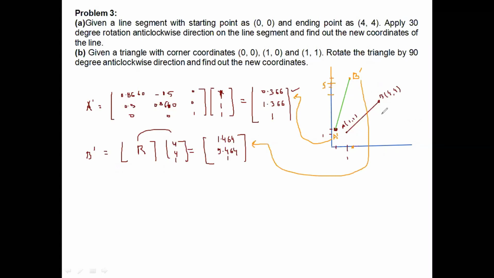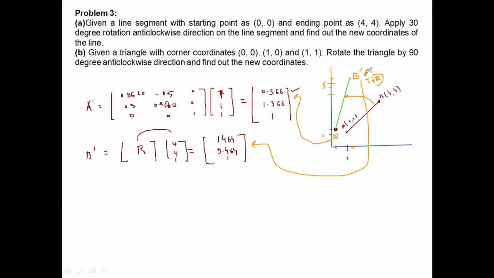Now you can see over here the object is translated as well as rotated. So by default with the rotation, the translation takes place whenever the object is not placed at the origin. The same case goes with scaling.